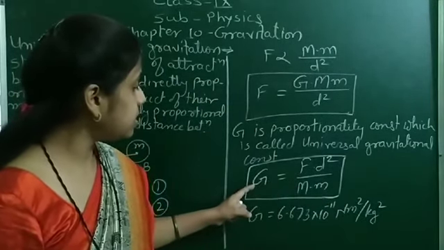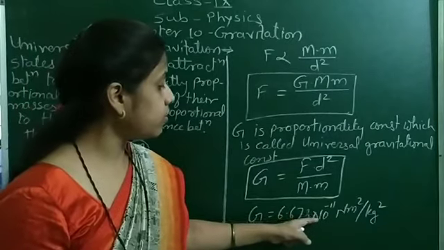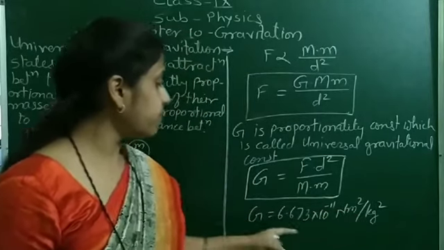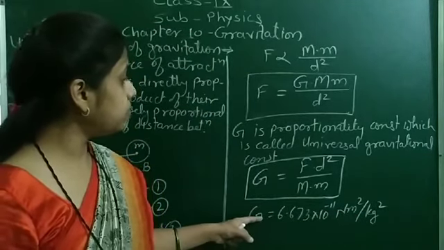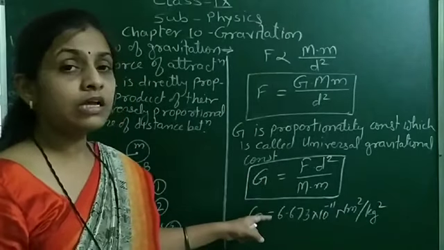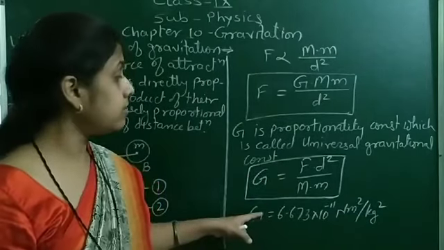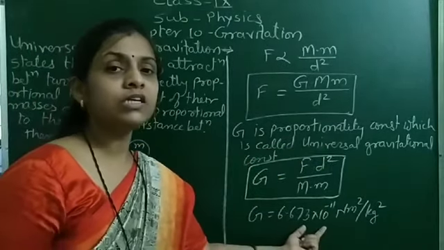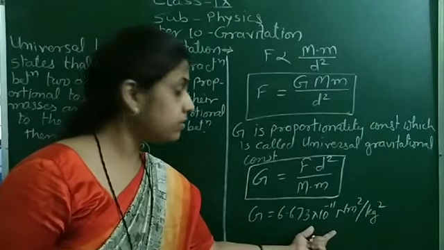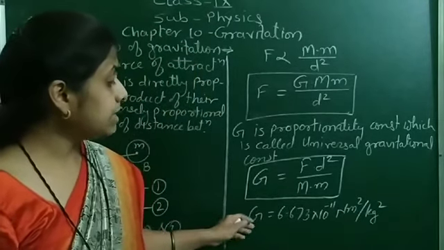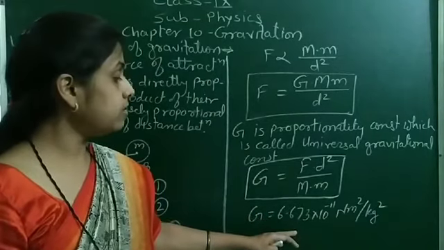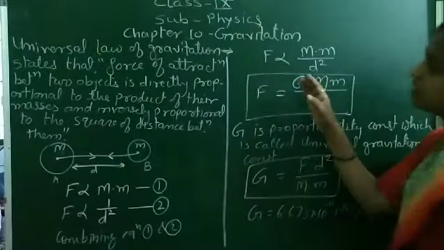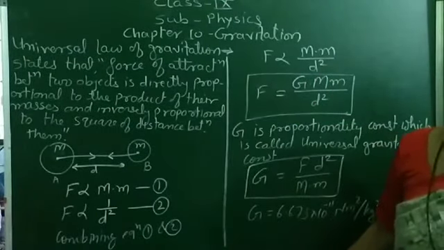The value of G is 6.673 into 10 raised to the power minus 11 Newton meter square per kg square. This value of G remains the same all over the universe, and therefore it is called the universal gravitational constant. It never gets changed, and this value was found out by the scientist Henry Cavendish. So hope you understand this universal law of gravitation.